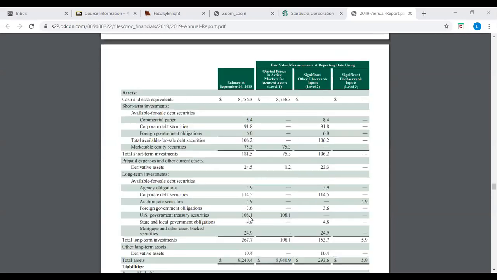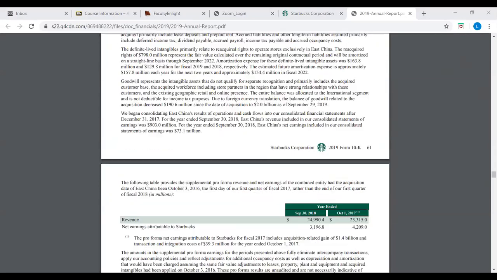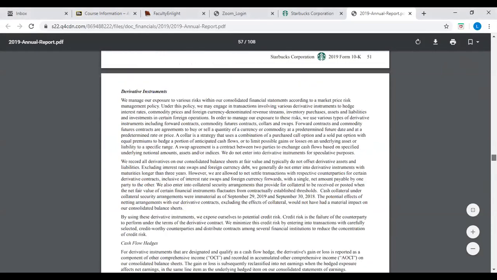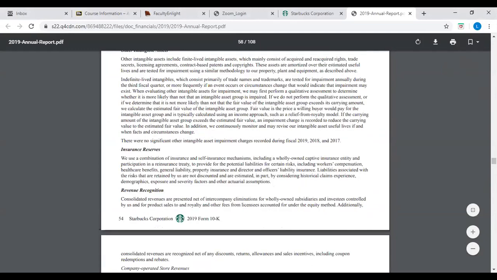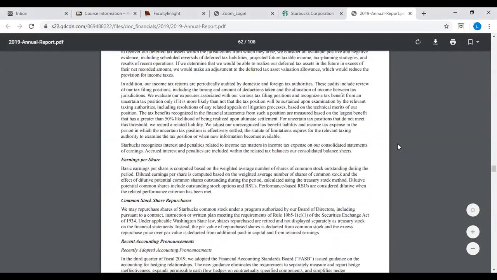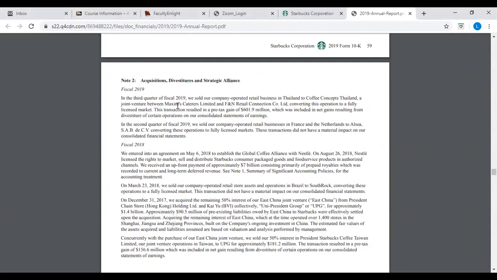If we go back up to note 2 very quickly, I'm not going to bore you with this, but some of it gets kind of crazy. Let's see where note 2 is here. There we go. In the third quarter, we sold our company-operated retail business in Thailand.